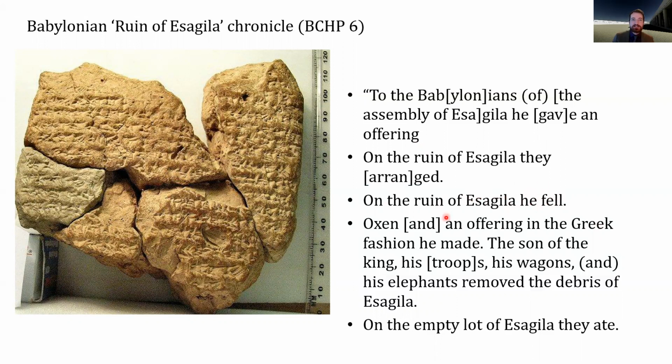The Babylonian word used here is not the word they use for falling down in prayer, proskynesis, but literally if you trip and fall. So it was recorded here that as Antiochus I was going to make an offering to the Esagila complex, he essentially falls down and embarrasses himself in front of everyone.